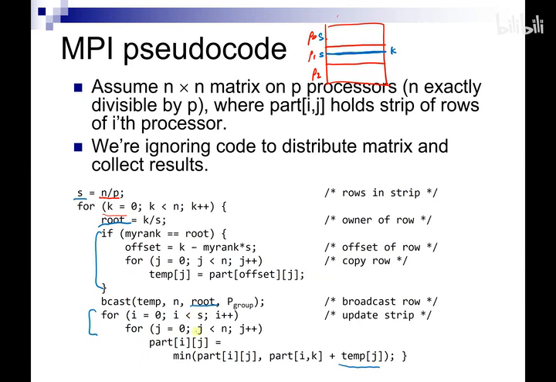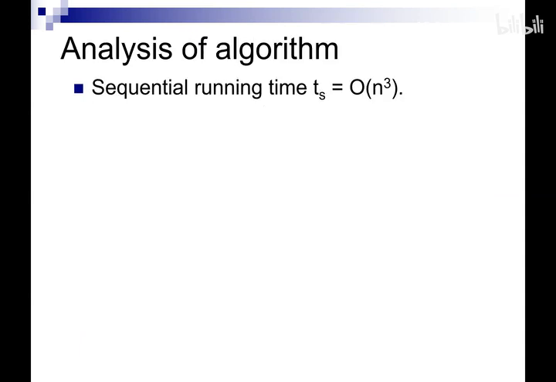They have S rows, each with n columns, and it's being stored in this part thing for each process. And so this implements the DP equation that we had. So this is how you implement the Floyd-Warshall algorithm.